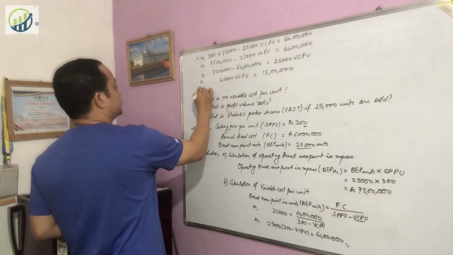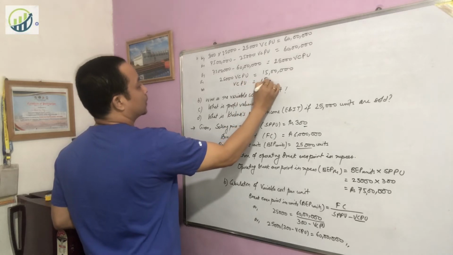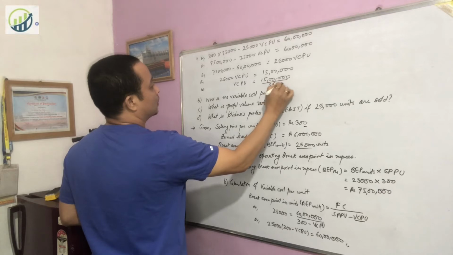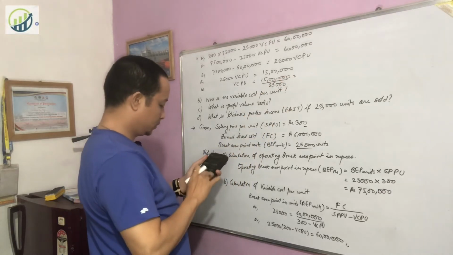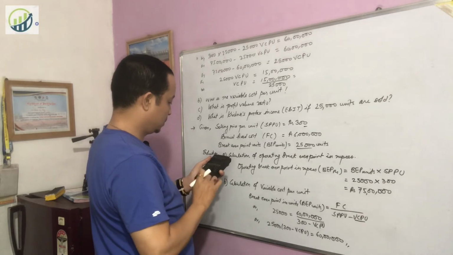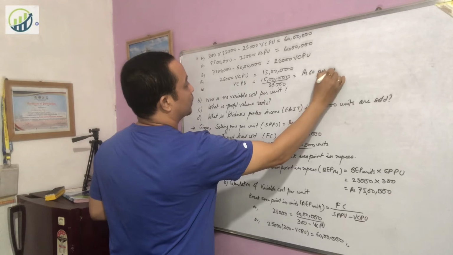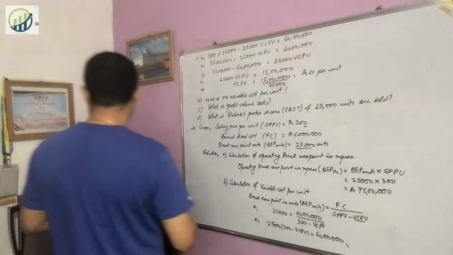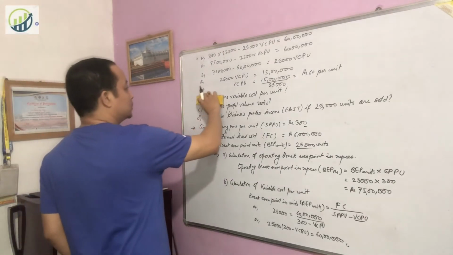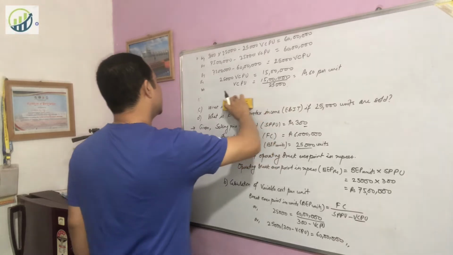So variable cost per unit equal to 15 lakh divided by 25,000, that is rupees 60 per unit. 60 per unit is the variable cost per unit. Now after finding the variable cost per unit, you can find the profit volume ratio.